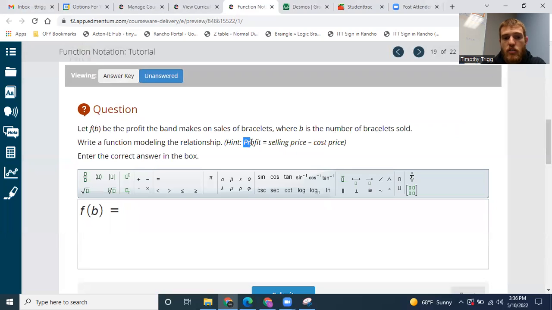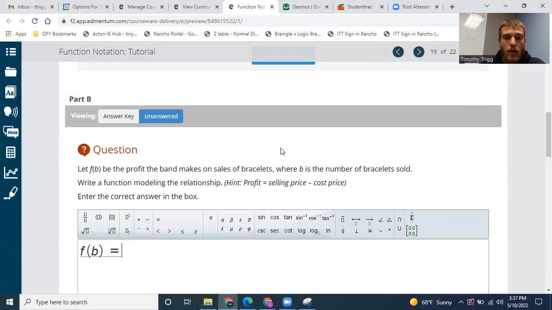So for profit, this is a general equation, not just for this problem, but in general, profit is always the selling price minus the cost, okay? In other words, revenue minus costs, that's how we calculate profit. So what's our revenue in this case? How much money are they bringing in?